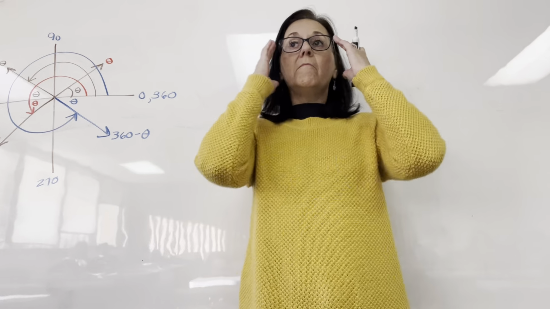And then from this point, he traveled 40 miles on a heading of 210 degrees. Where's 210 degrees? What quadrant? Third. And how far did he travel? 40 miles.